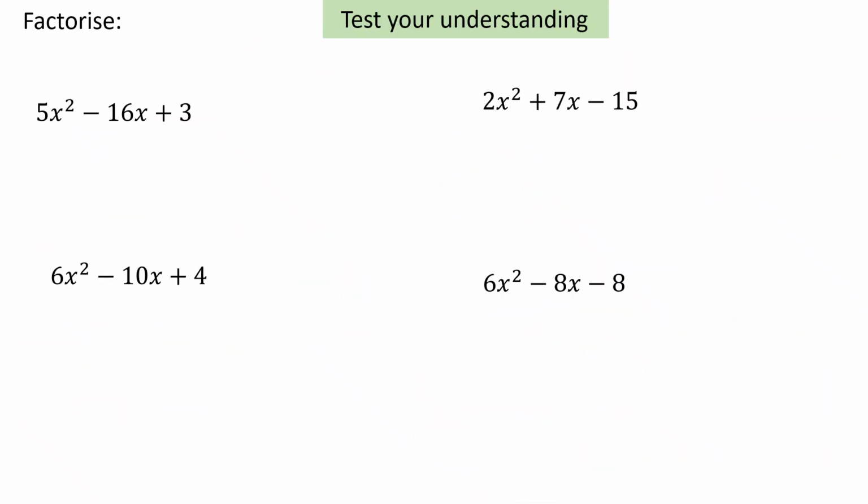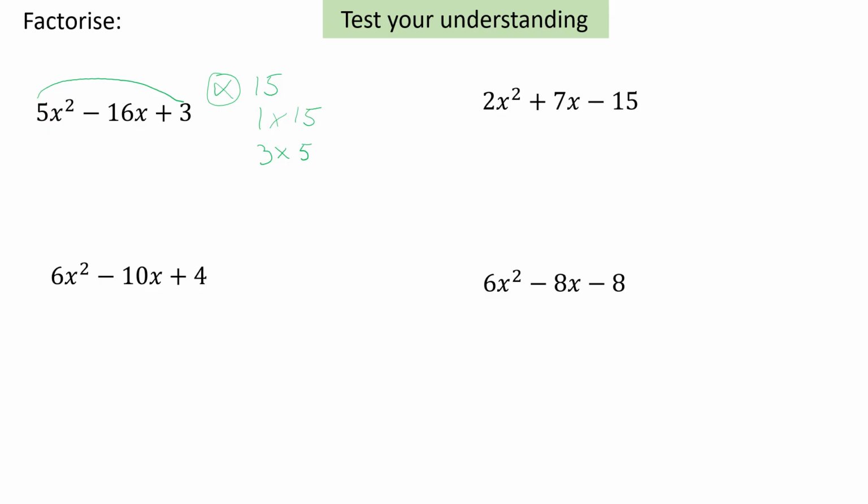Pause this video, try it yourself and test your understanding. Multiply two numbers, 5 and 3, 15. So the factors are 1 times 15, 3 times 5.